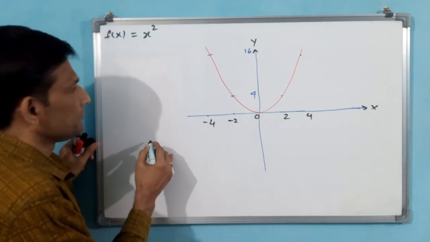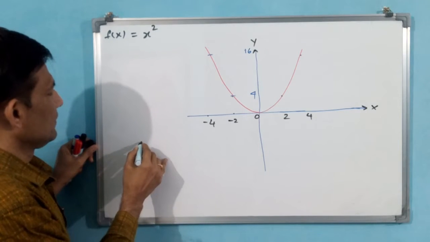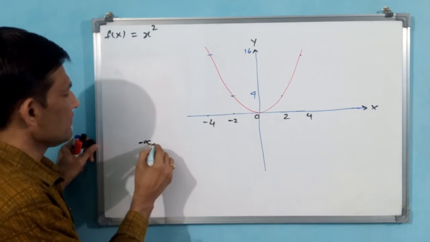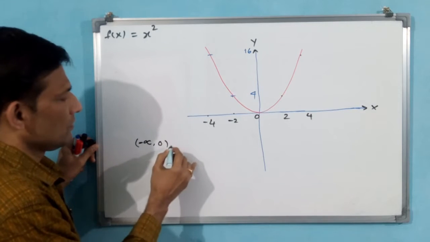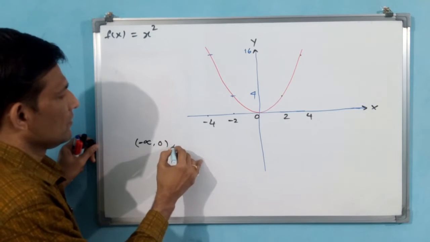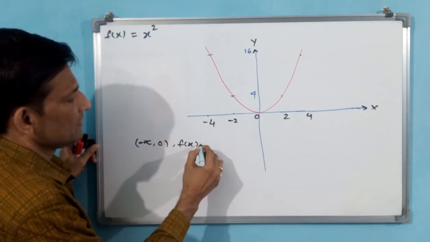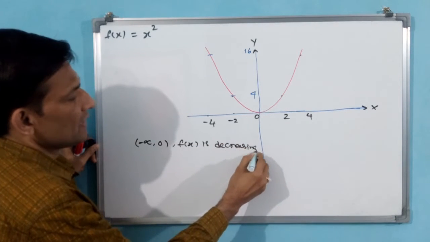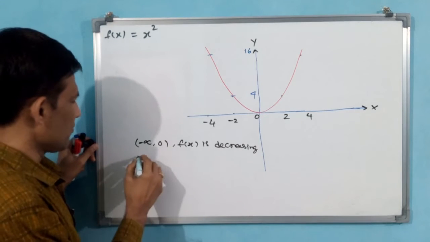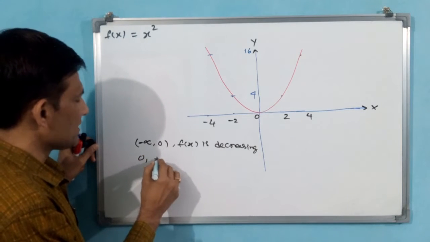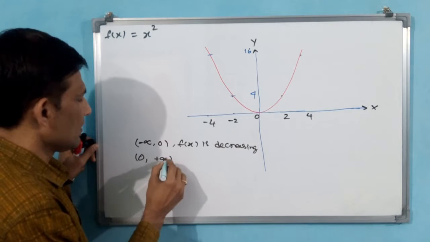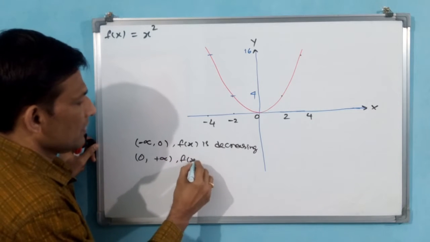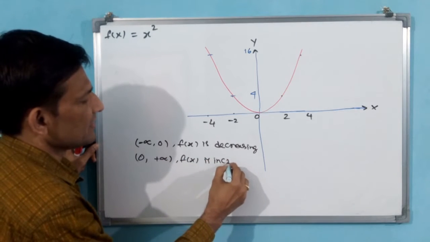You see, from -infinity to 0, f of x is decreasing. You have to write decreasing function or decreasing. From 0 to +infinity, f of x is increasing.